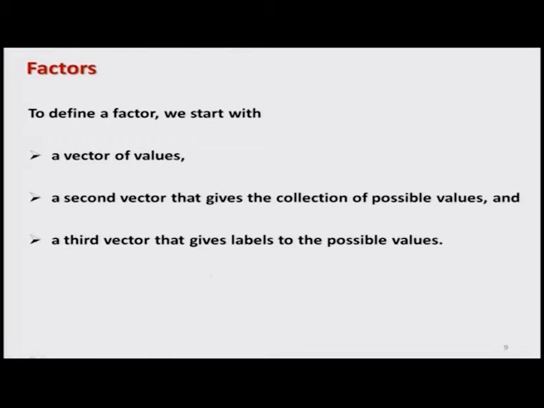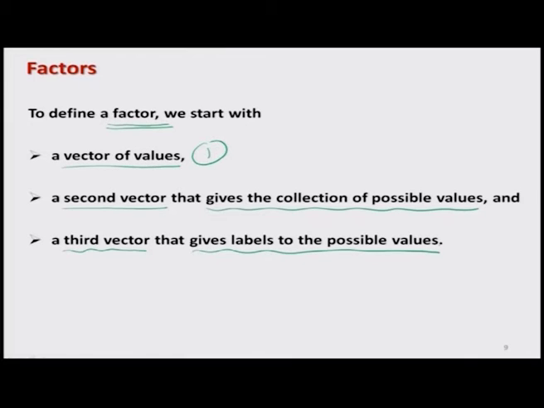In order to define a factor in R, we have the following steps. First, take a vector of values, then choose a second vector that gives the collection of all possible values, and then choose a third vector that gives labels to the possible values. If you follow these 3 steps, you can get a factor.